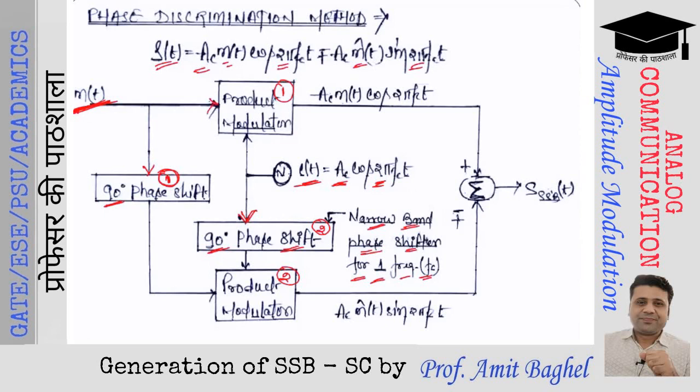See, the product modulator 1 has two inputs, m(t) as well as c(t), and c(t) is Ac cos 2 pi fc t. So the output of the product modulator 1 is Ac m(t) cos 2 pi fc t. The product modulator 2 has two inputs. One is 90-degree phase shift of the message signal. That means the output of the 90-degree phase shift of m(t) is m cap (t).